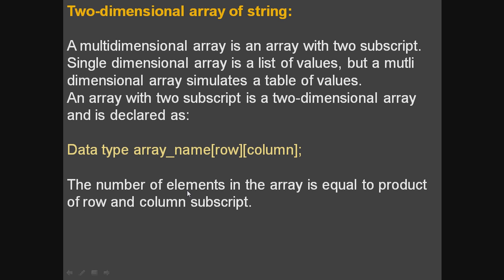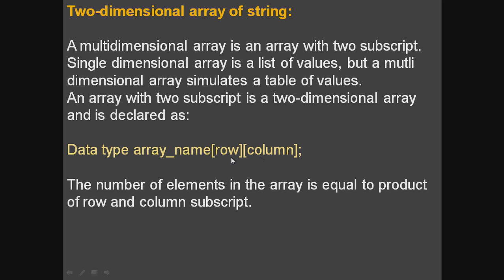A two-dimensional array can be used for numeric values and also for character values. Suppose for an integer, int num, with 5 rows and 20 columns, the number of elements is the product of rows and columns, that is 5 into 20 equals 100 elements.